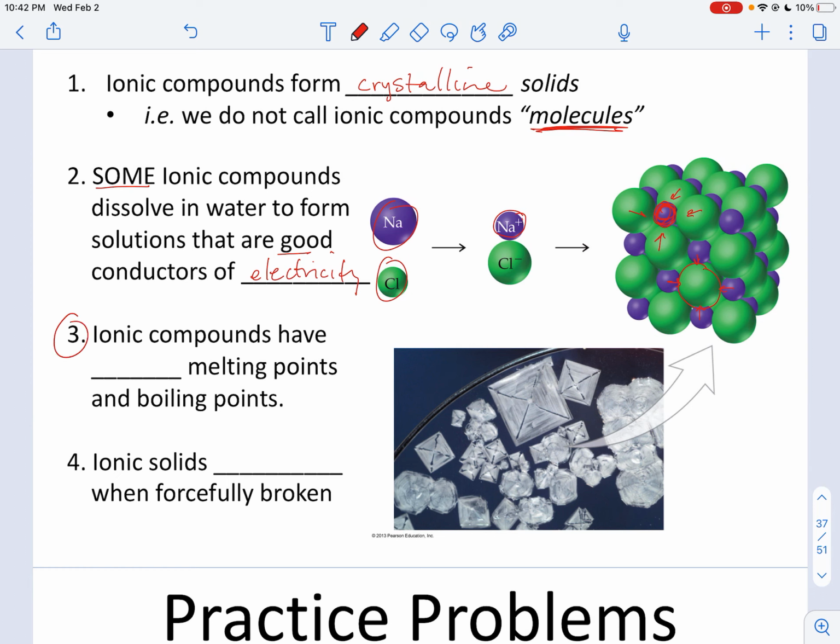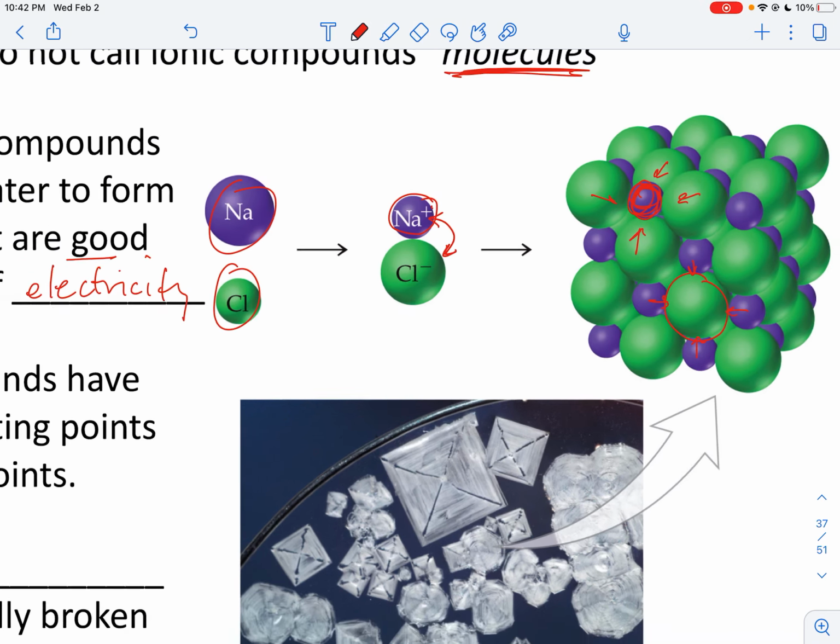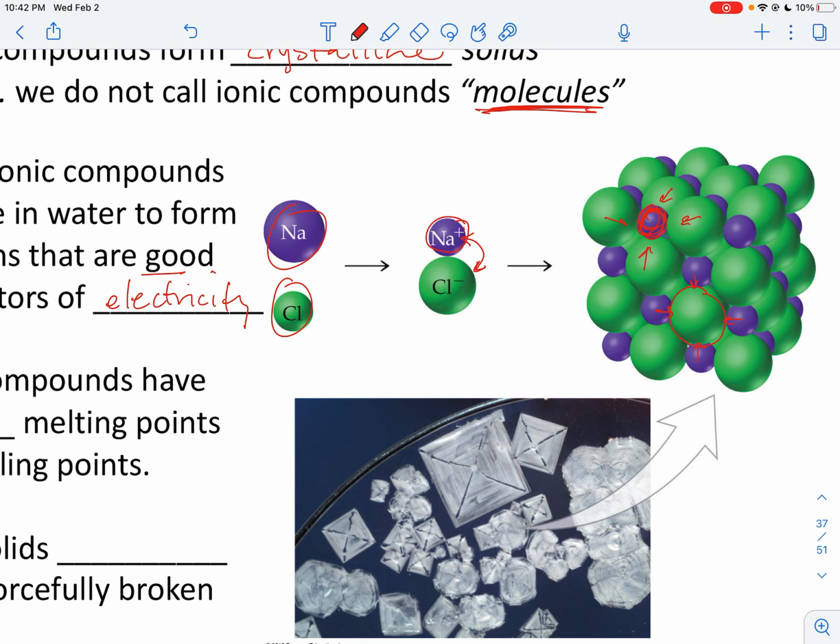Okay, property number 3 is ionic compounds have very high melting points and boiling points, okay? That's because all of these little attractions between our positive and negative cations and anions are holding each other together really tightly, versus atoms that are not held together with charges, which is what we're going to get to in chapter 4.